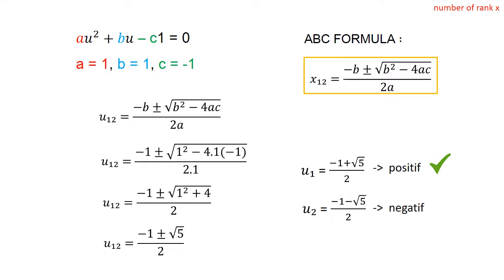Choose the positive number, minus 1 plus square root of 5 by 2.